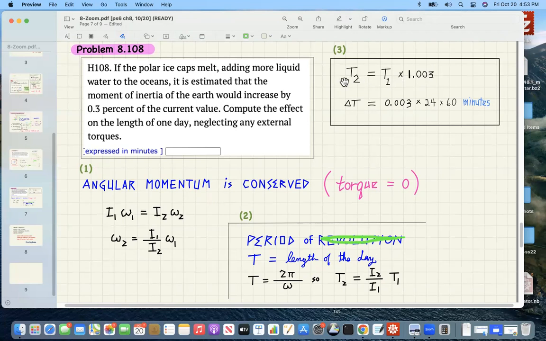So the change in the period will be T2 minus T1. T1 times 1.003 minus T1 will be 0.003 times 1 day. 24 hours times 60 minutes per hour will give it to you in minutes.